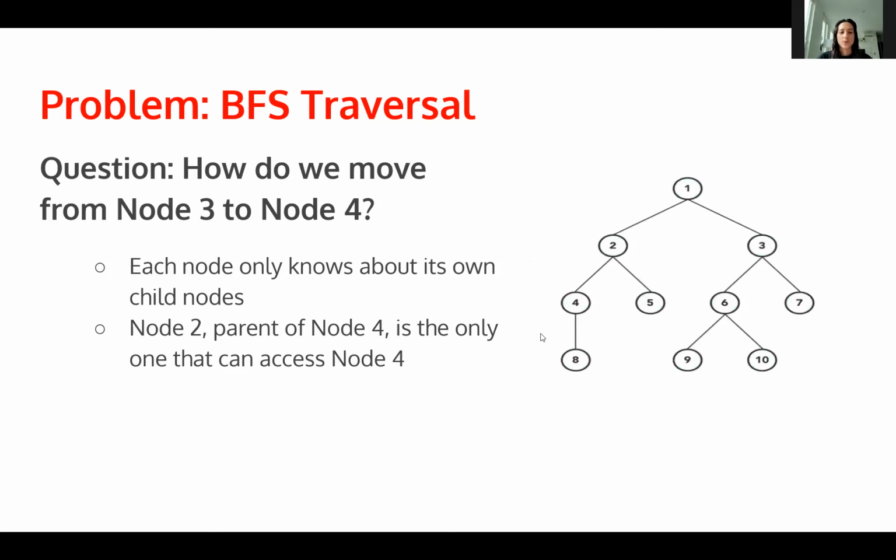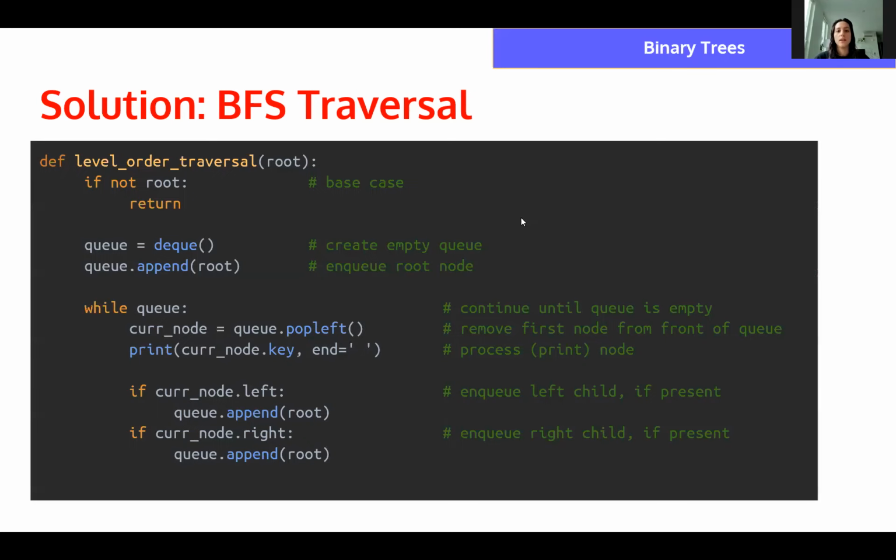Yes, so Saley, I hope I said your name right, said queue, a queue data structure, and that is exactly correct. So yes, our code is here, and the way this would work is we would set up our queue, we would add our root, so that was a value of 1 to the queue, and then we would start to actually go through the tree.